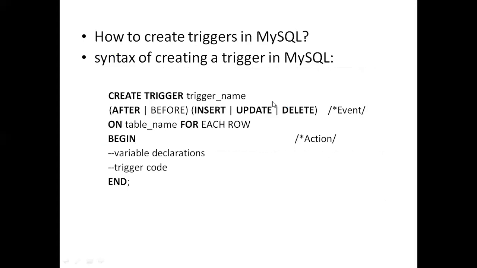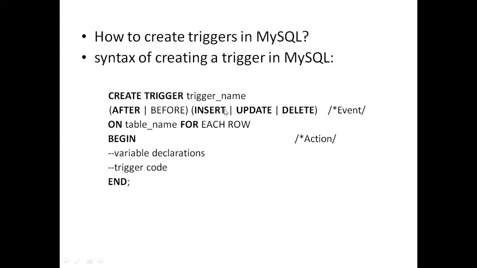Now let's see the syntax of the trigger. The syntax of the trigger is like a table: in a table we use create table, table name and some columns, attributes and all. Here also we have the syntax: create trigger, trigger name, and we are supposed to mention whether we are performing an after trigger or before trigger, means before the command or after the command.